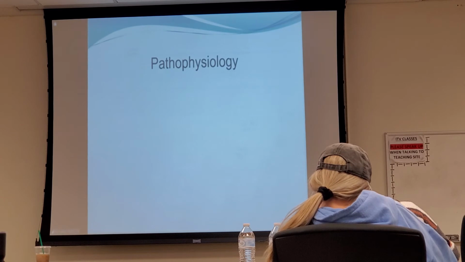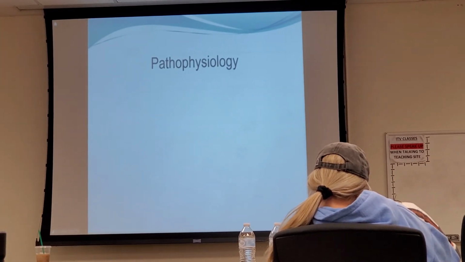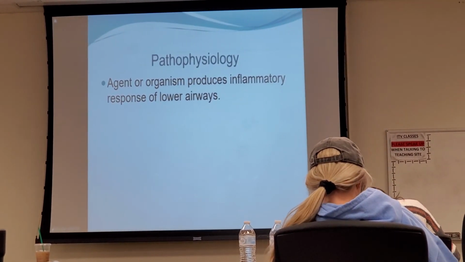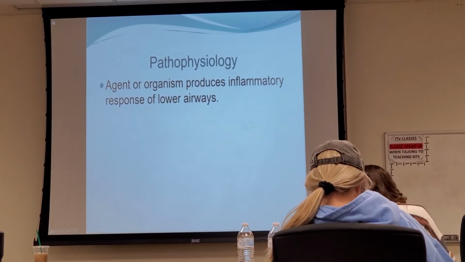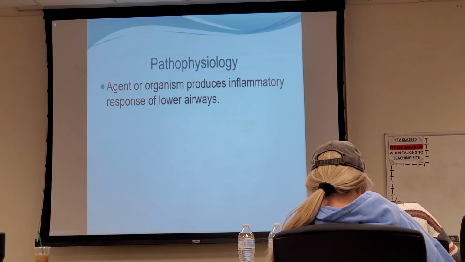So what is actually happening that sets off a pneumonia process? Well, first off, there has to be something that produces that inflammation in those lower airways. Something is inhaled, be it organism or chemical or fumes, that sets off that process.